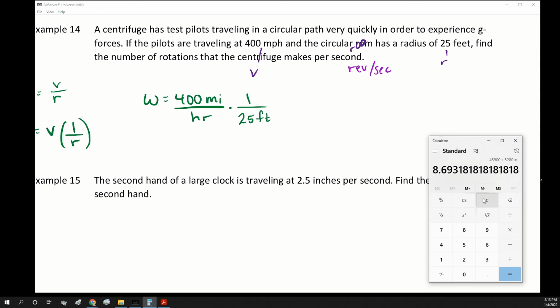So we're doing angular velocity, we do not have a linear unit in our answer. So we need to cancel feet and we need to cancel miles. So you guys take a second and think about a fraction we could multiply by that cancels feet and cancels miles.